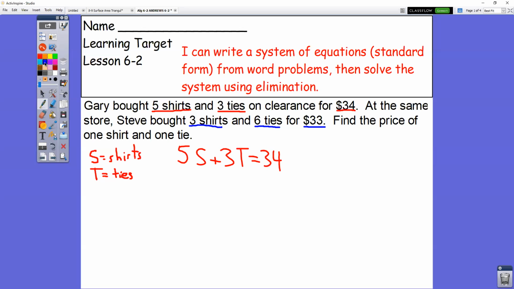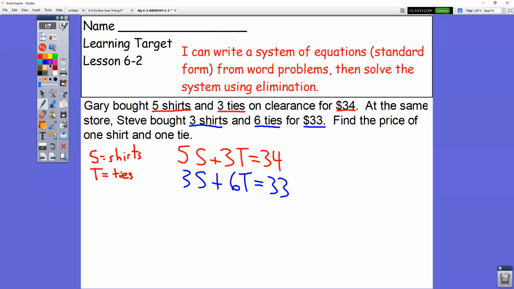For the second equation, it says Steve bought 3 shirts and 6 ties for $33. So he bought 3 shirts, 3S, plus 6 ties, 6T, for $33. Those are our 2 equations that we need to do. The first thing that you need to do is set up your equations.